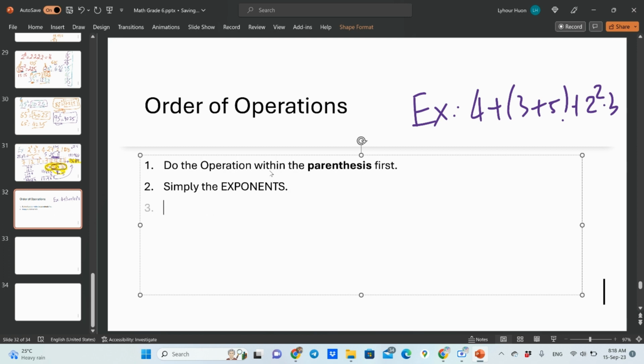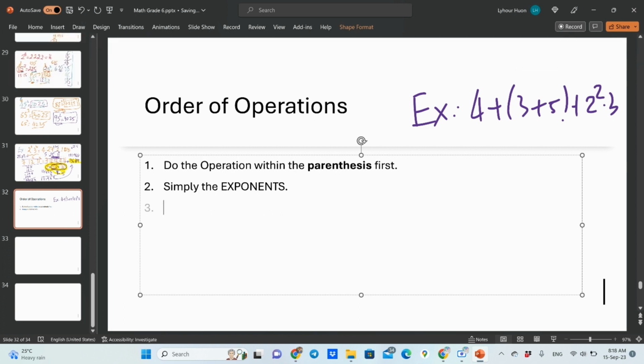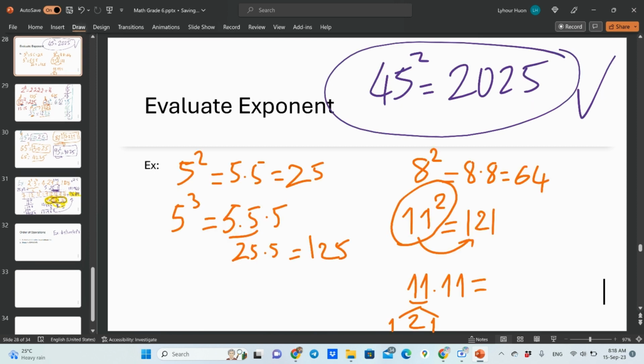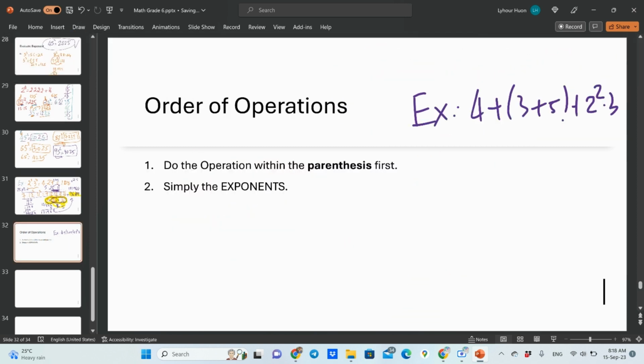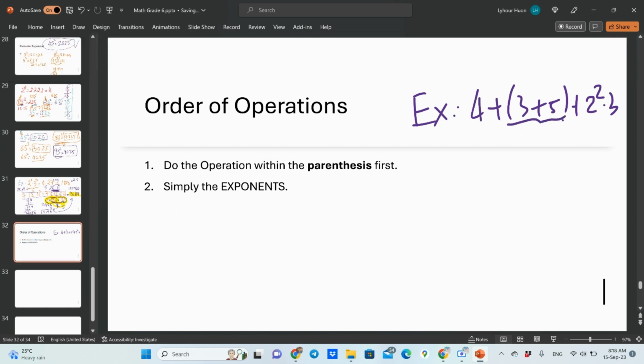After we do exponents, we compute these already. Okay, we computed inside the parentheses already, and the exponent already. What do we do next?